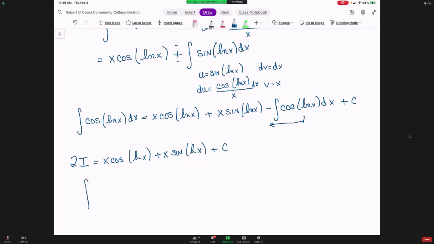And so the end of the story, final answer is 1/2 x, and maybe I can write, cosine of the log of x plus the sine of the log of x, plus some constant.